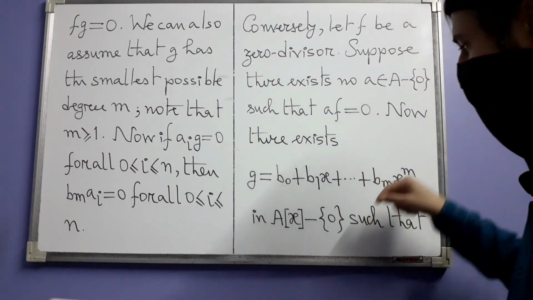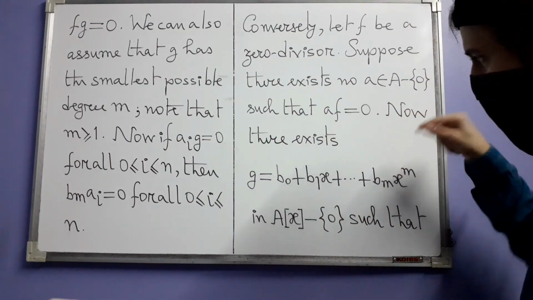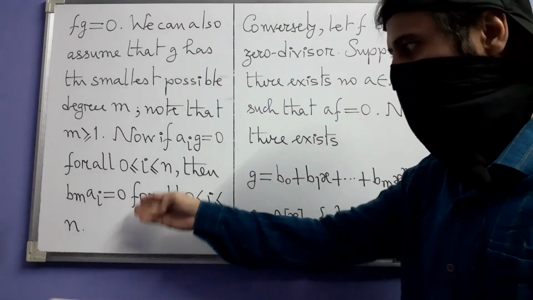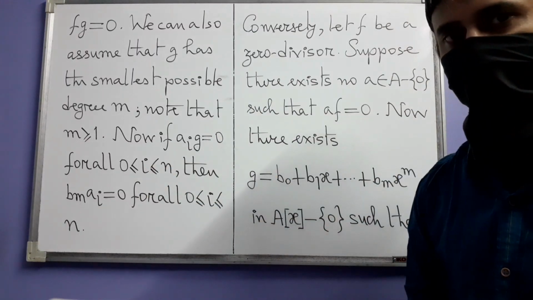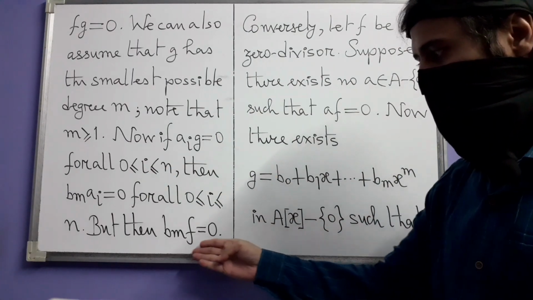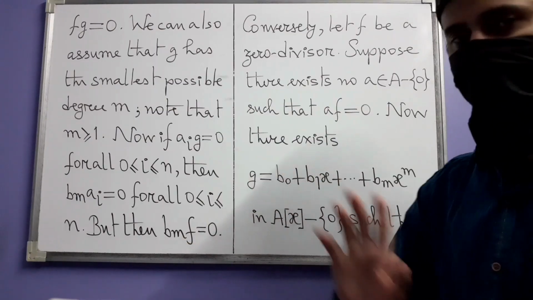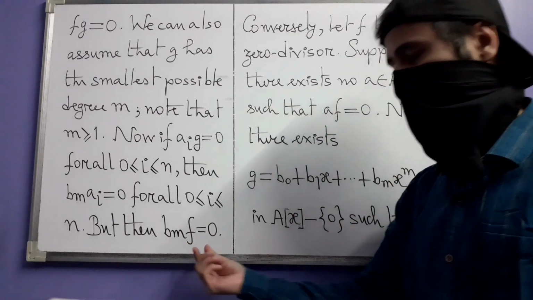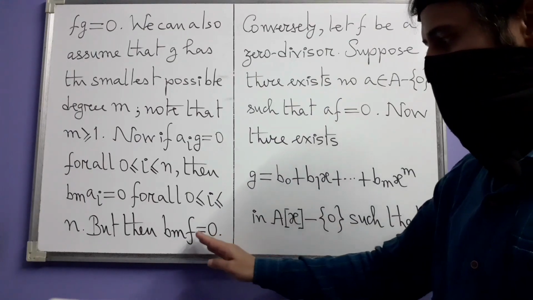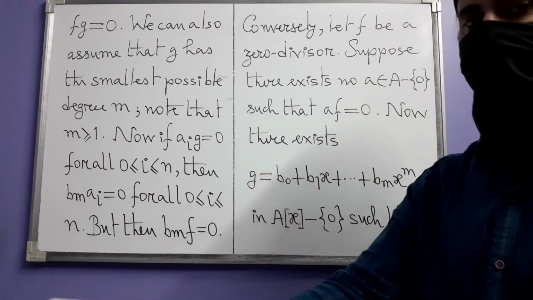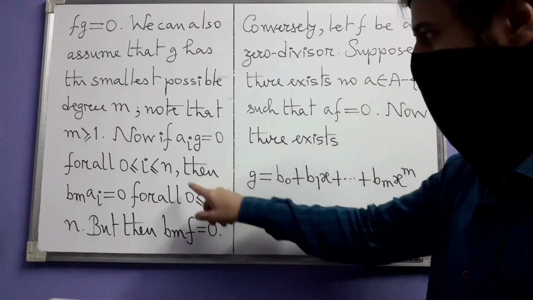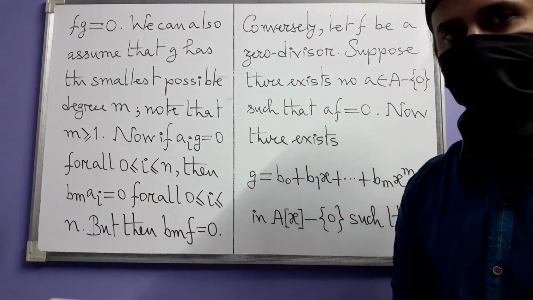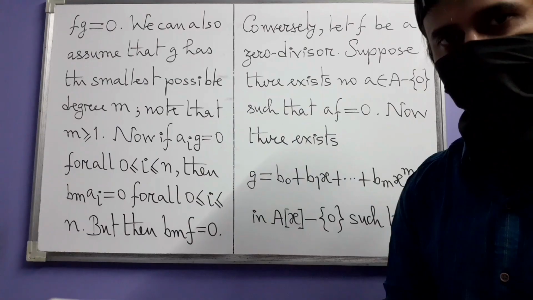In particular, ai times bm also has to be equal to 0. But then what is the implication of this situation? The implication is this, but then bm times f is equal to 0. Why? Because if you are multiplying f by bm, then these will be the coefficients of this product, bm times the coefficients of f.